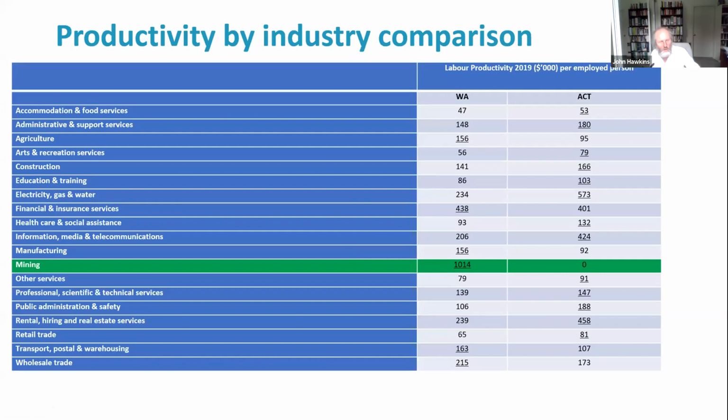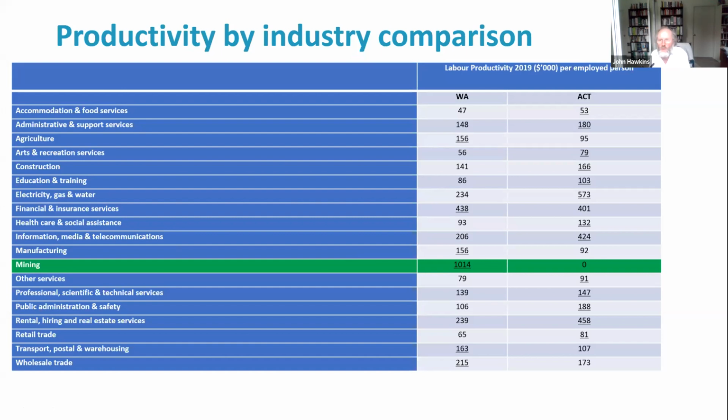So then I looked at, for each of these industrial sectors, what is labour productivity like in each sector? And one problem with this comparison is that there isn't any mining in the ACT, and that's the sector with the highest labour productivity.